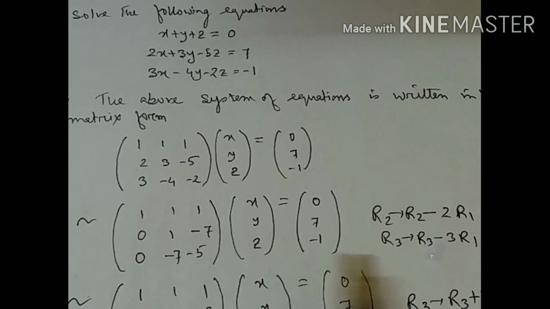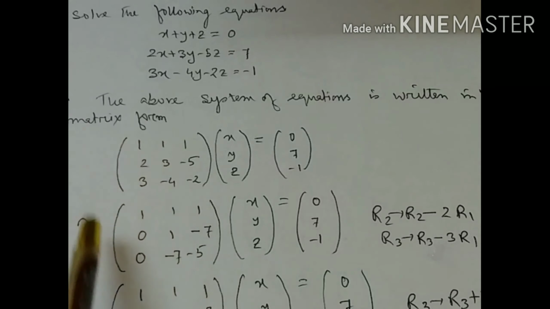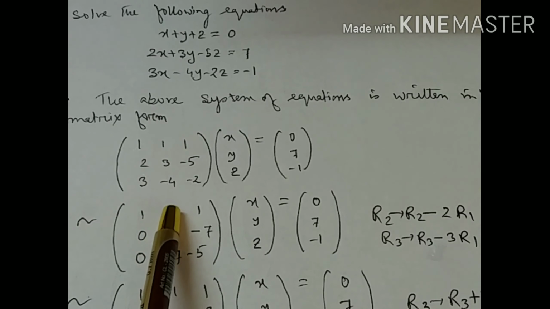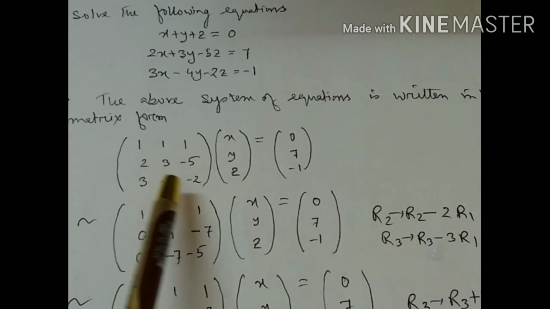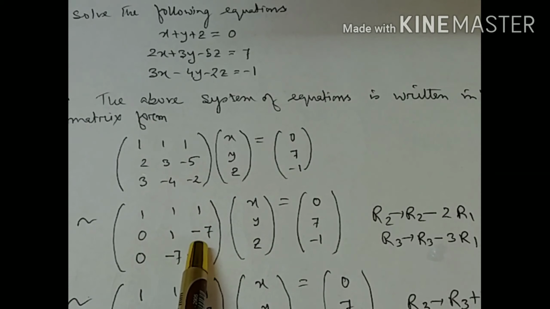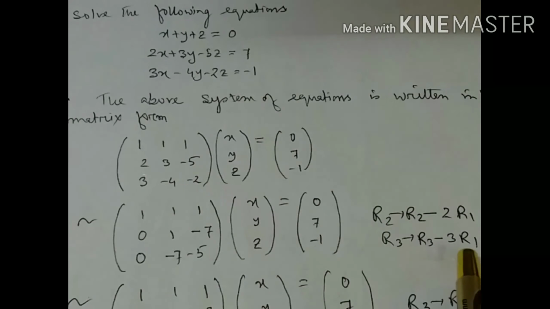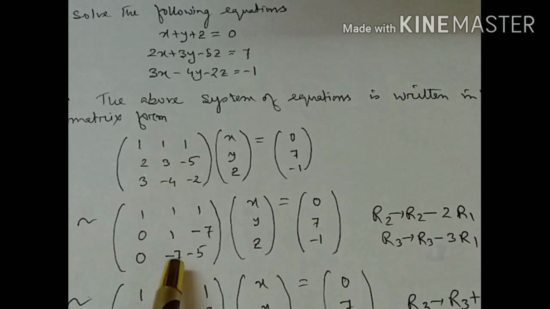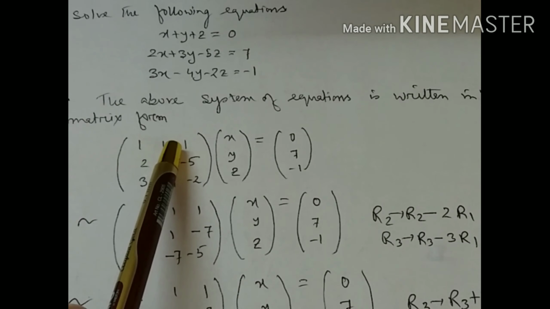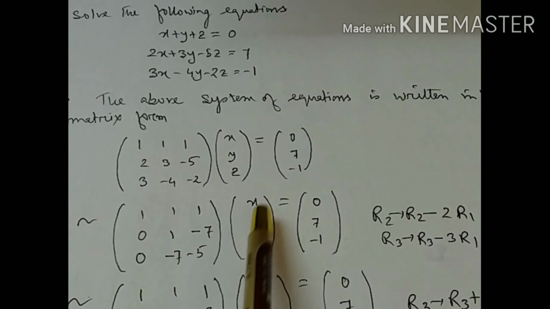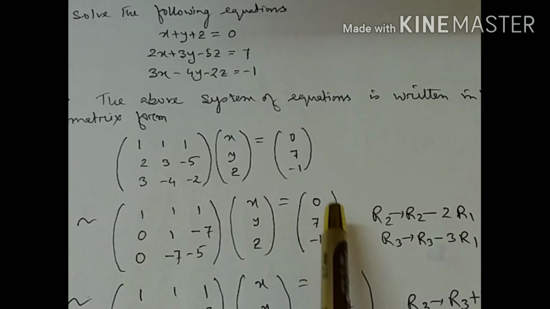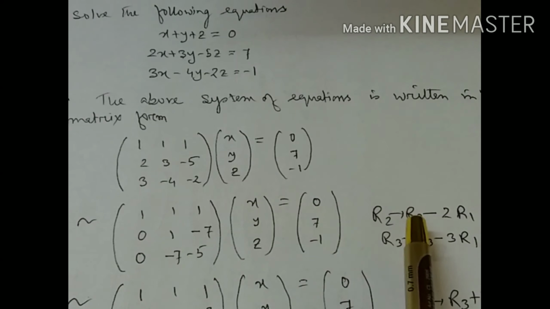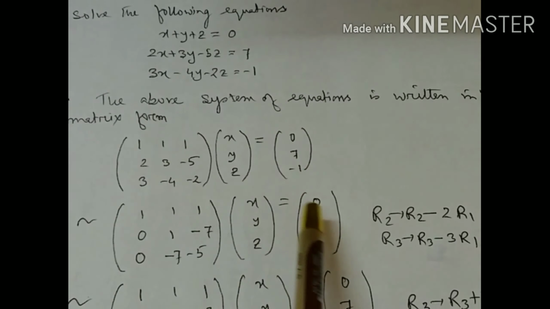During these two operations, that is 2 minus 2 is 0, multiplying by 2, 3 minus 2 equal to 1, minus 5 minus 2 is minus 7, and in R3 plus 3R1, 3 minus 3 is 0, multiplying by 3, minus 4 plus 3 is minus 1, minus 2 plus 3, this remains same. And on the right hand side, the first row is 0, R2 minus 2 into R1, 7 minus 2 into 0 is 7, ultimately remains same.